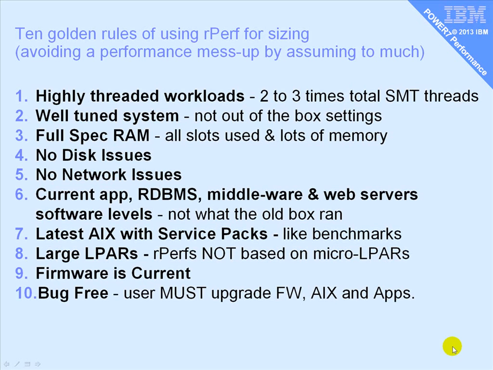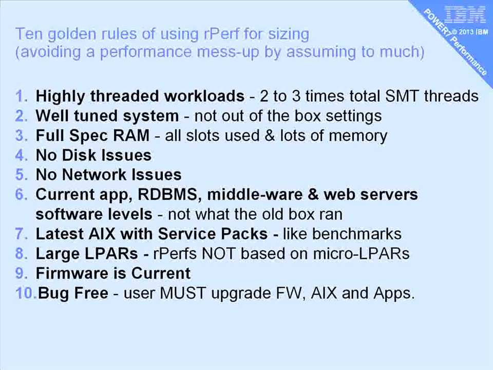Now, I do appreciate in real life, in real production machines, in a real computer room, you can't have this perfect world with brand new everything and perfect everything. If you're failing on one or two of these things, maybe just a little bit, maybe the AIX level is one level back, or the firmware is one behind, then you may well do quite well.